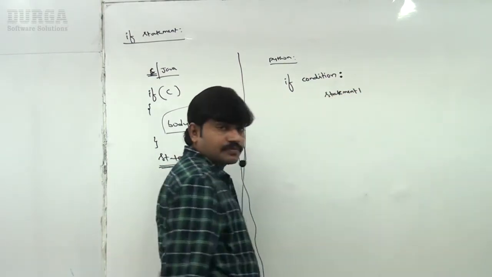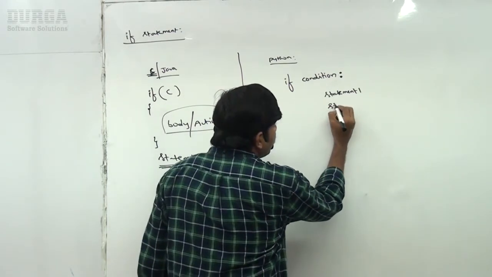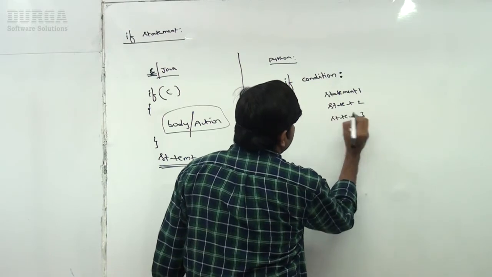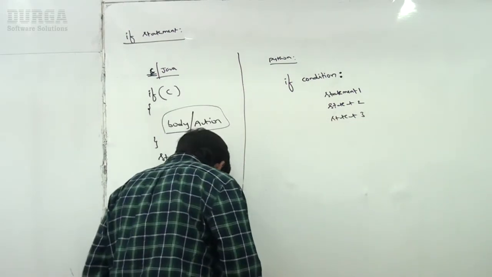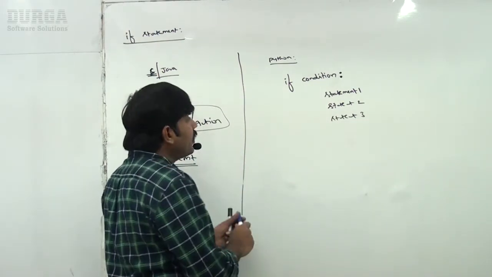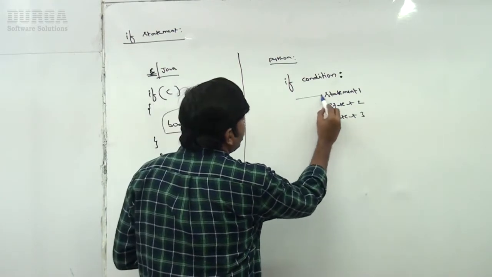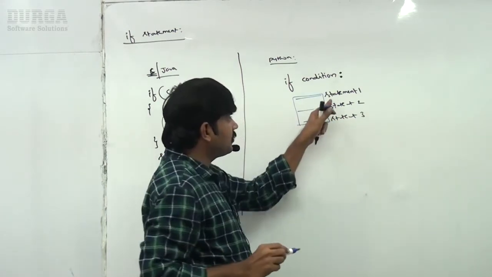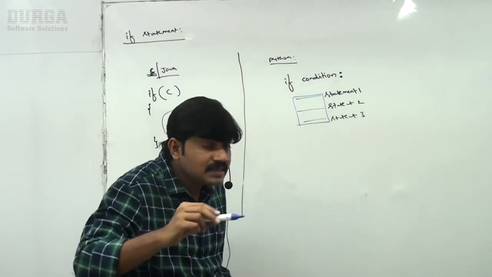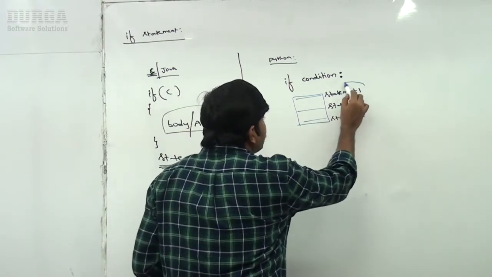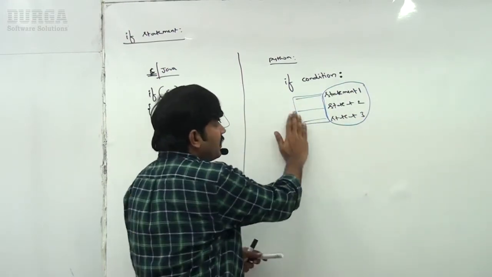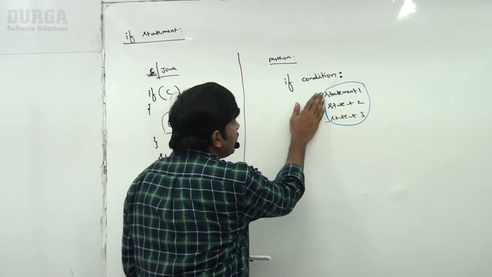Statement 1, statement 2, statement 3. Have you observed how many spaces we are taking here and here? All have the same space. These statements are said to have the same indentation.